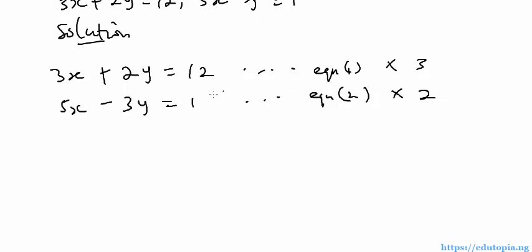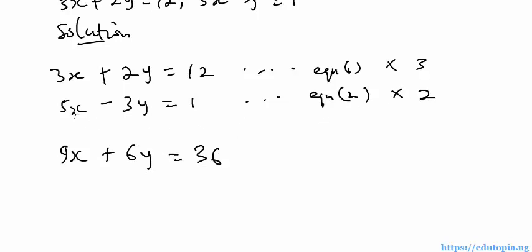Now when you multiply everything out, 3 multiplied by 3x will give you what? 9x, and 3 multiplied by 2y gives you 6y is equal to 3 multiplied by 12, which gives you 36.